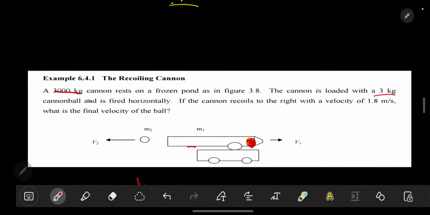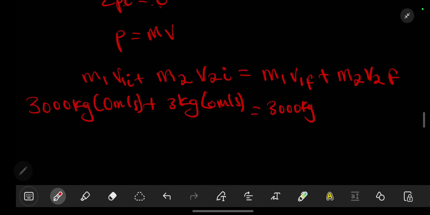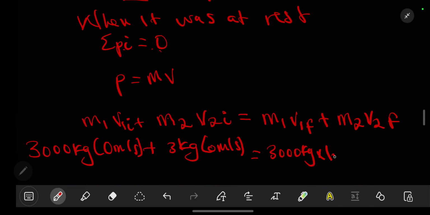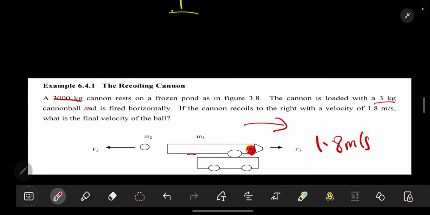We are told that it recoils, it moves to the right with 1.8 meters per second, so times 1.8 meters per second, plus mass number 2, which is 3 kg for the ball.